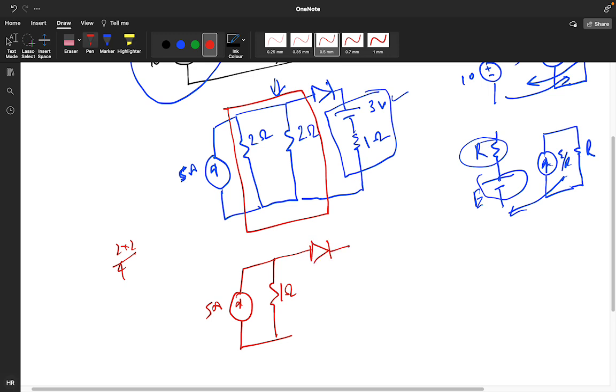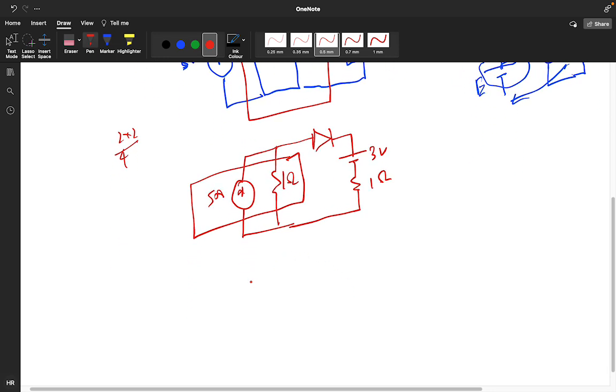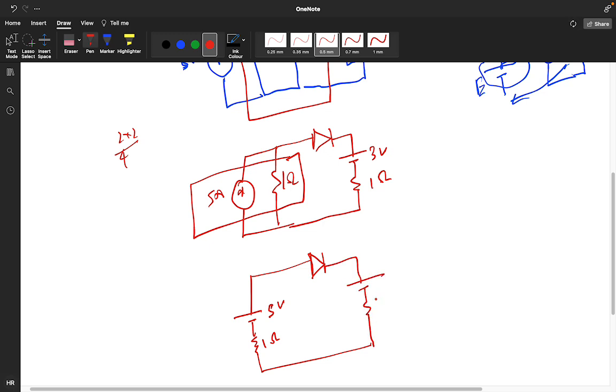Positive, negative. This is 3 volt. This is 1 ohm. So you can again transform this particular thing into positive, negative. 5 into 1, 5 volt you will get, in series with the same resistor, 1 ohm. Positive, negative 3. This is 1 ohm.